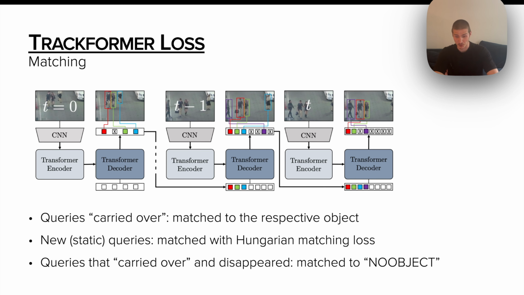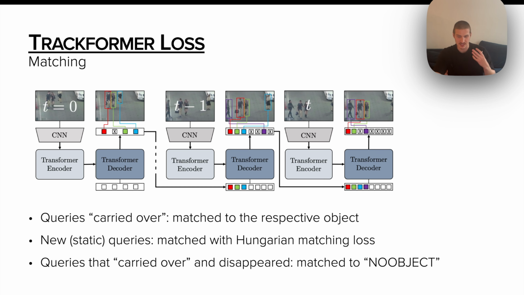It basically repeats what we already said about the model itself. Some queries get carried over from the previous object, and such queries, like these 3 here, do not participate in the Hungarian matching loss. Instead, for them we just have a direct match: this query has to correspond to this specific object, this query to this specific object, and so on.